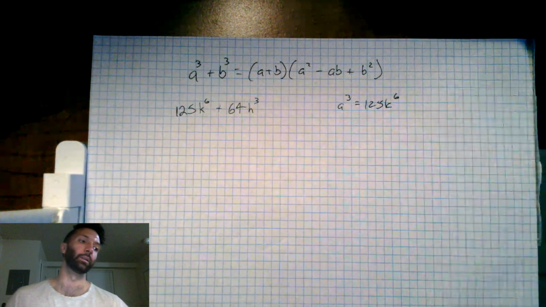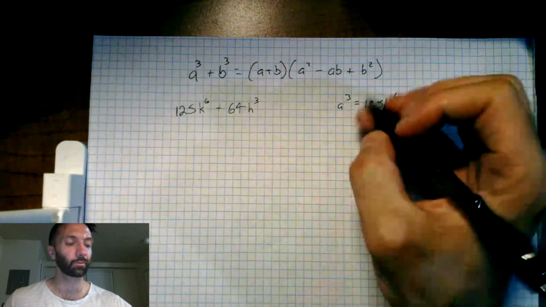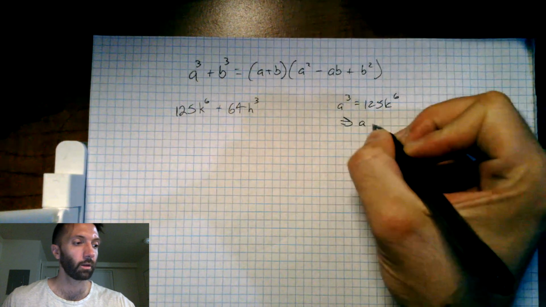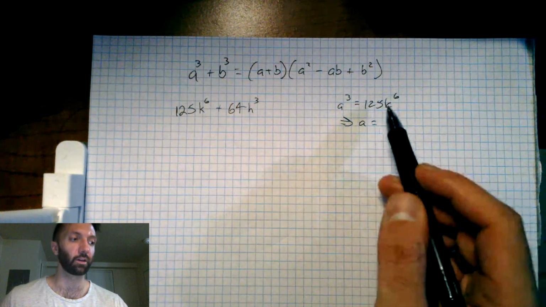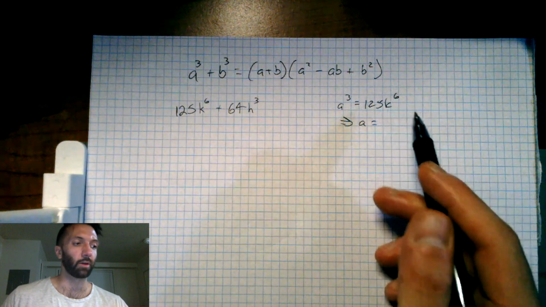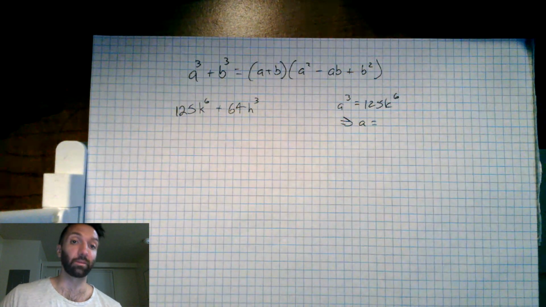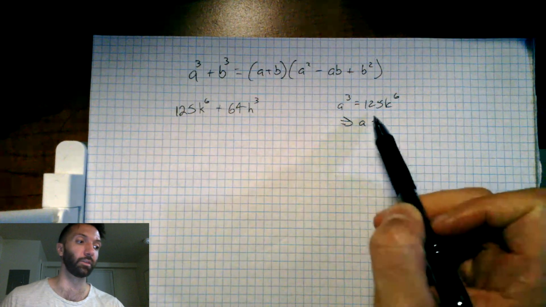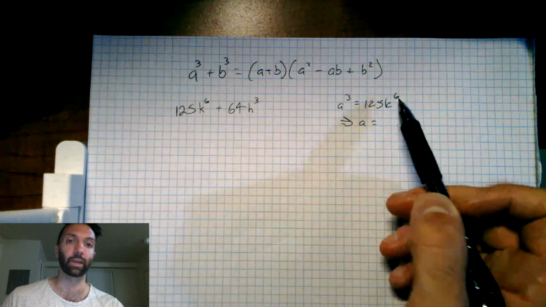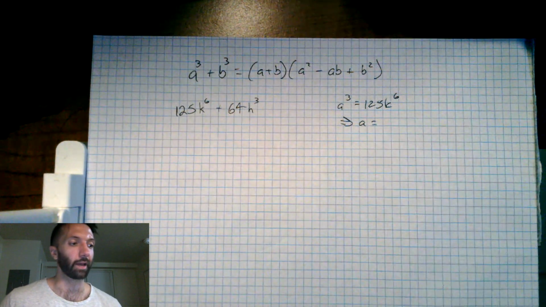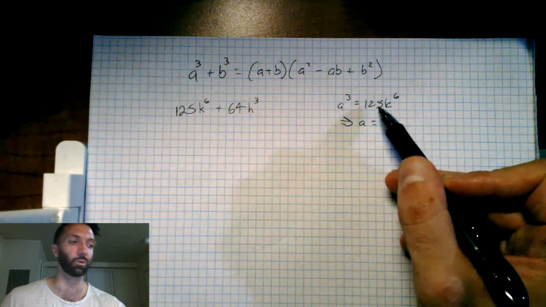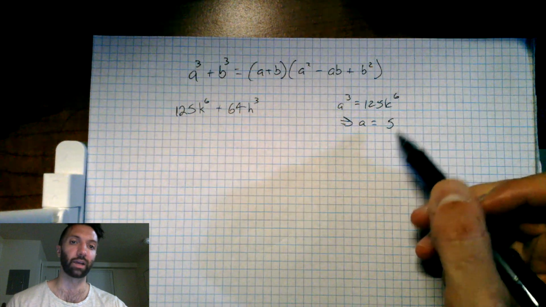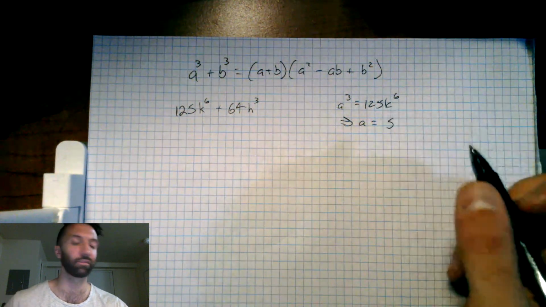All right, and now we need to figure out what a is. By taking the cube root of both sides, we can get a by itself. You have to think about what times itself again would give you 125k to the sixth. In this case that's going to be 5, because 5 is the cube root of 125, right? 5 times 5 times 5 is 125.